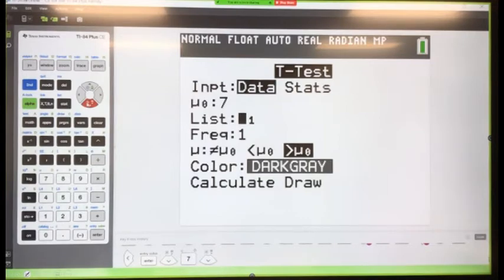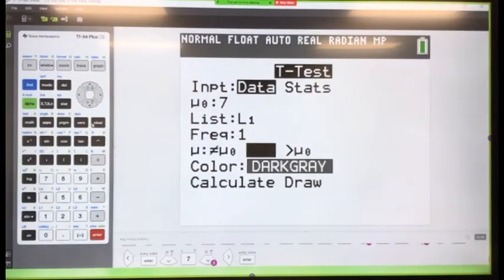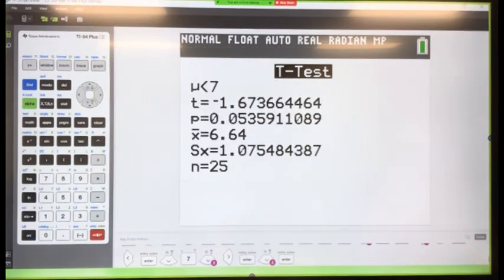We're going to use List 1, all the data we put in there. Make sure my value is, oops, that's the wrong one. No, less than value. And then Calculate. t equals negative 1.67, p equals 0.05359. Interesting. I see I have a mean of 6.64, standard deviation 1.075. So how about that? It calculates my mean and standard deviation for me.